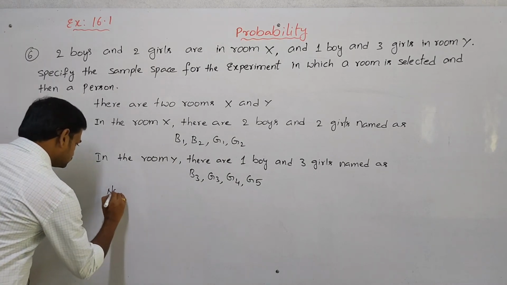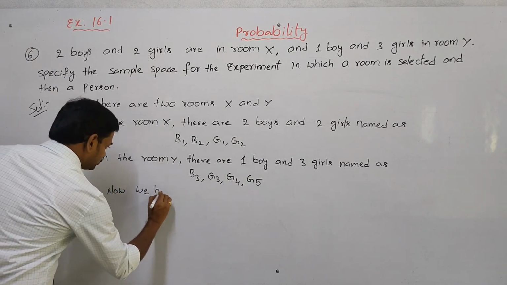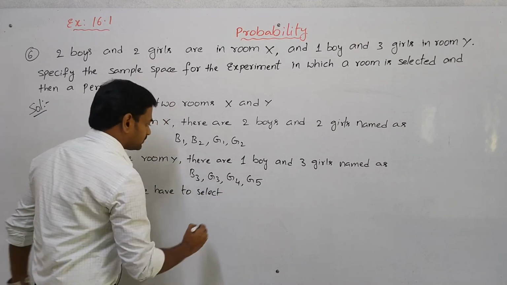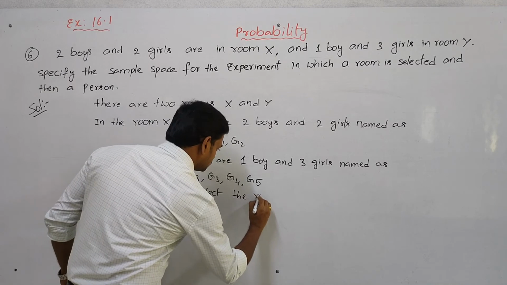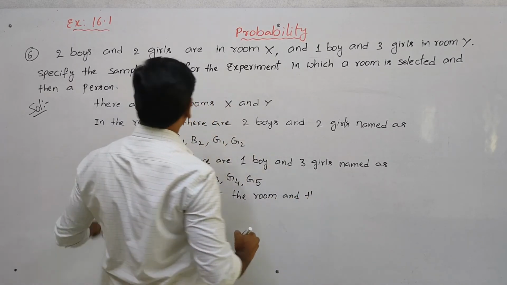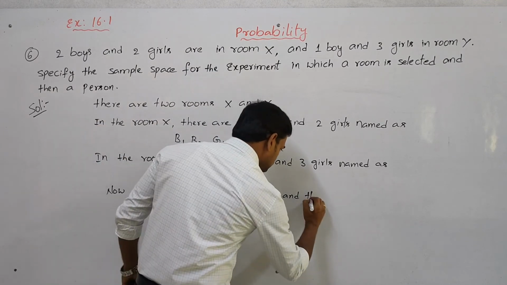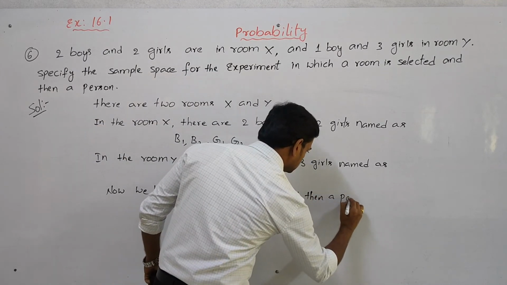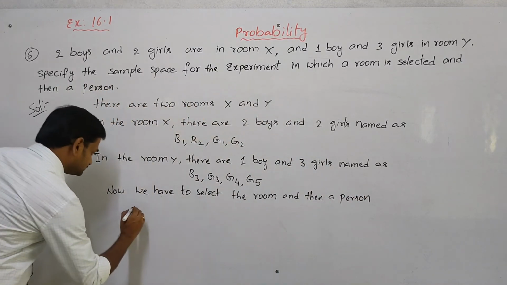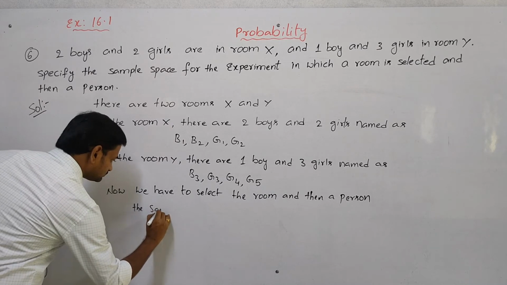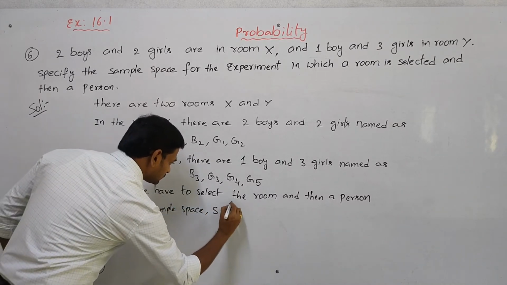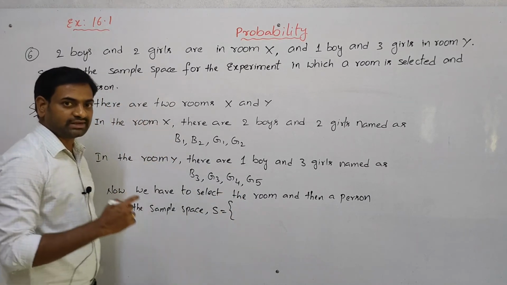Now we have to select the room and then a person. So the sample space is equal to, see here. First we have to select the room.